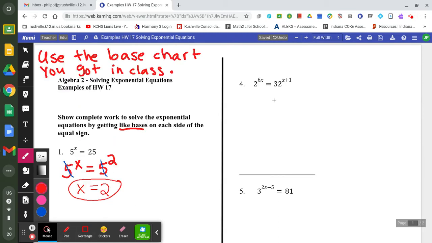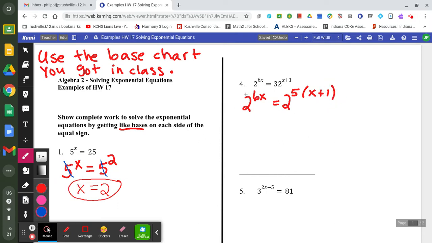Okay, on number 4, I have base 2 to the 6x power, and then 32 can be written as base 2 to the 5th power, but then that power of 5 has to be multiplied to the x plus 1.